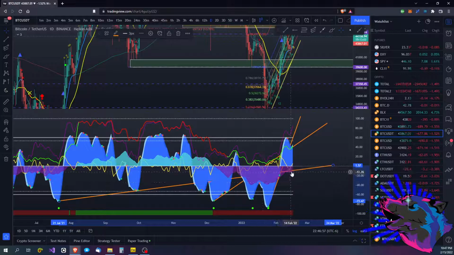And our money flow is coming up right about the same area, which would give me an idea that we could likely see the money flow crossover right around this area.